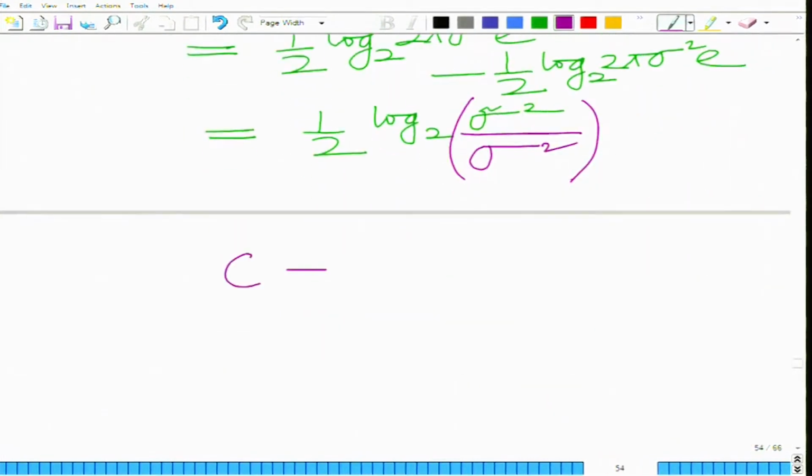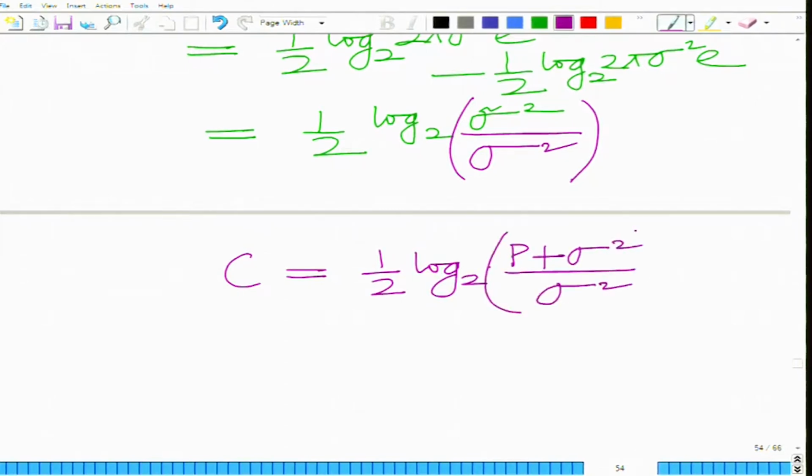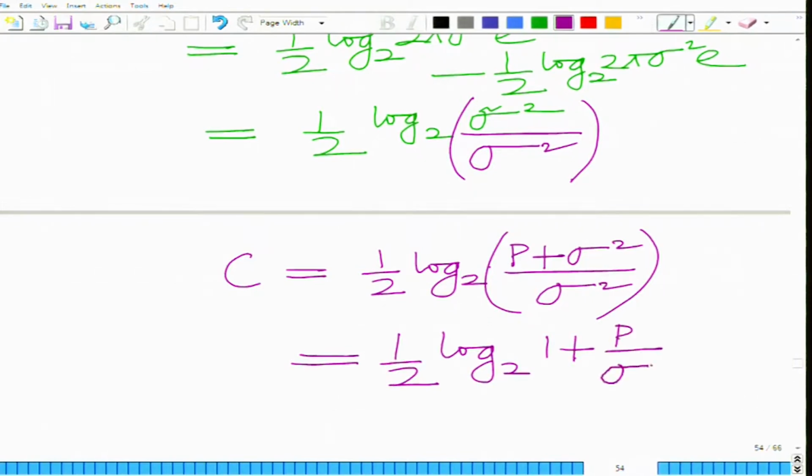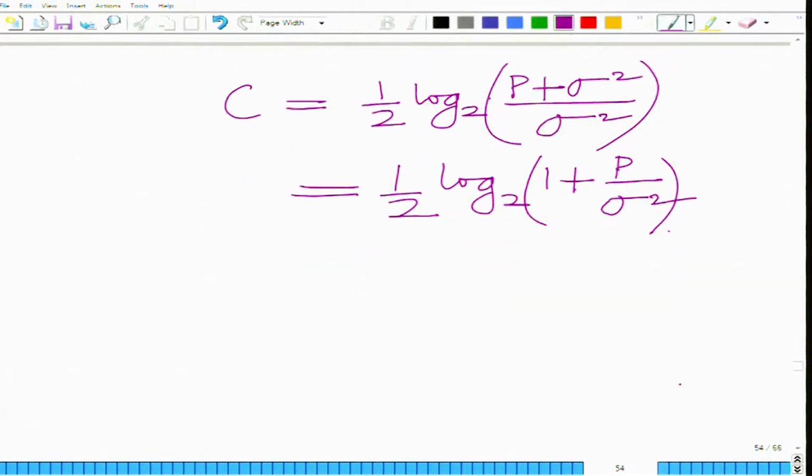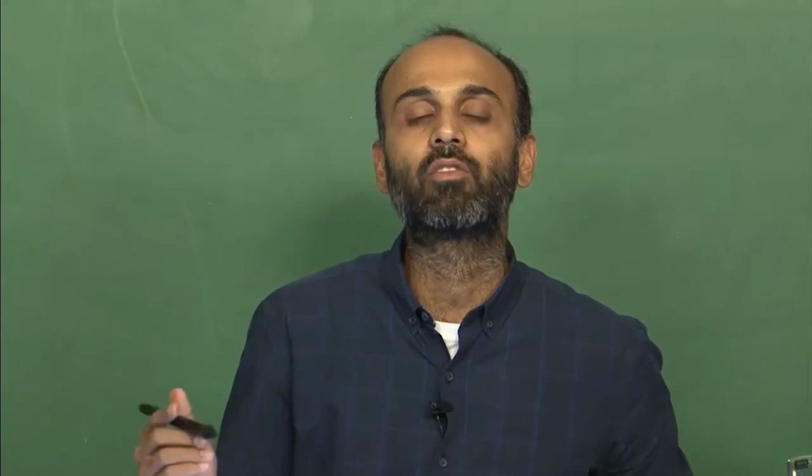So, we have finally C equal to half log to the base 2 of (P plus sigma square) over sigma square, equals half log to the base 2 of 1 plus P over sigma square. Remember, P is the power of the transmitted symbols X, sigma square is the noise power, therefore P over sigma square is nothing but the SNR.